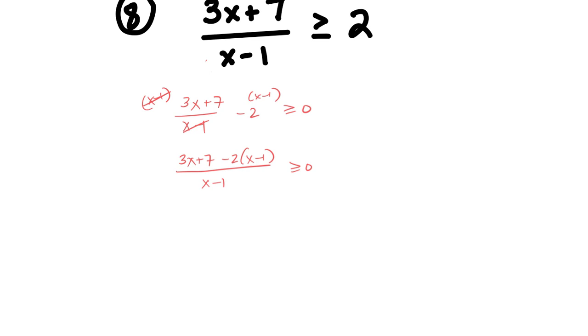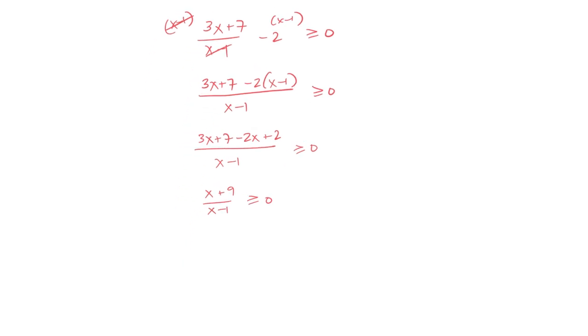I'm going to distribute at the top the minus 2 to the x minus 1. And over x minus 1, still greater than or equal to 0. And I'm going to combine those like terms at the top. So x plus 9 over x minus 1 is greater than or equal to 0.